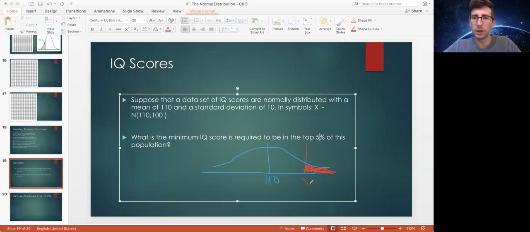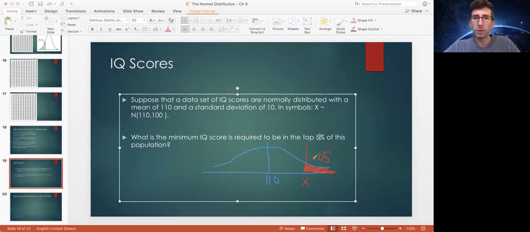So there's some X value here that would give me only 5%, or 0.05, area under the curve to the right of me, because I'm right at that top fifth percentile. So 5% of IQ scores are above me, but I'm right here. That's the minimum IQ score needed to be inside the top 5%.